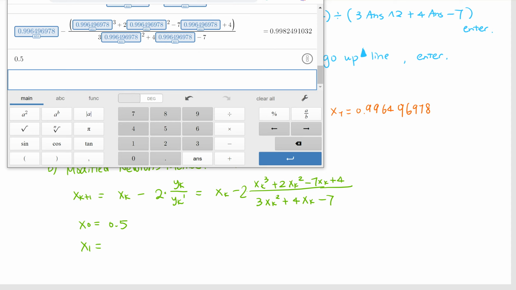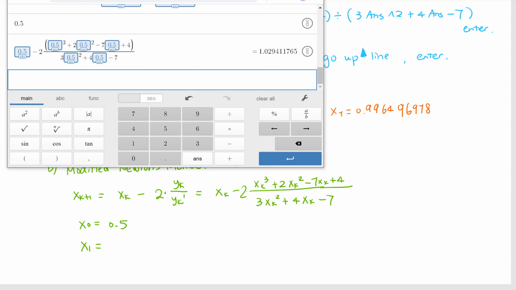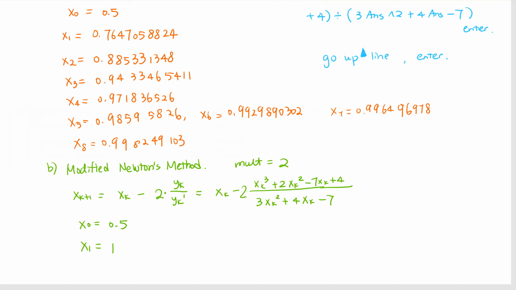Okay, and then we can copy what we had before and paste it, but here we have an extra 2 in front. So far so good, and we click enter. So the answer is 1.029411765. And how about x2?